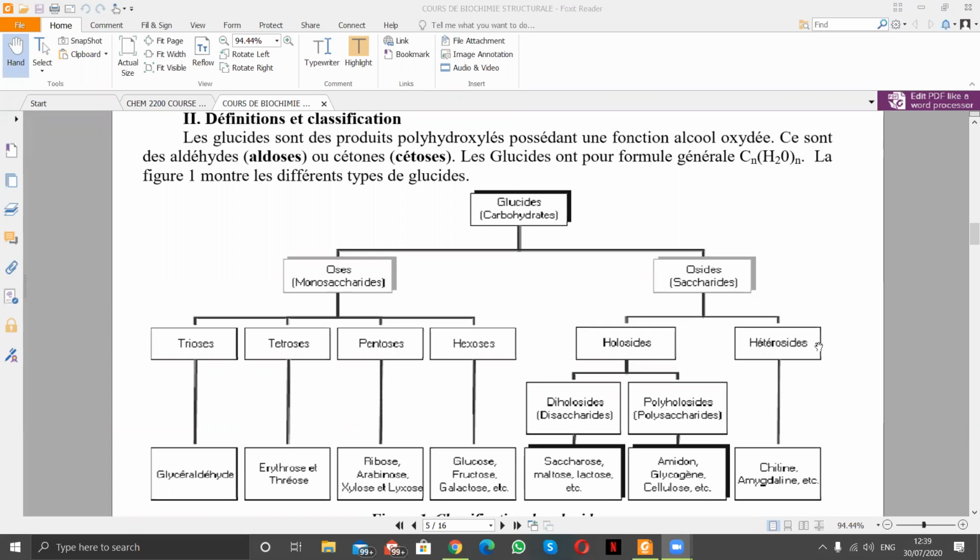Earlier on, I stated that oligosaccharide is a mixture of two or more monosaccharide units. Mono means one.